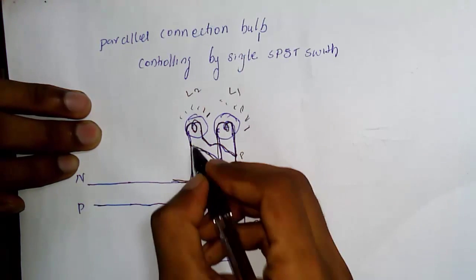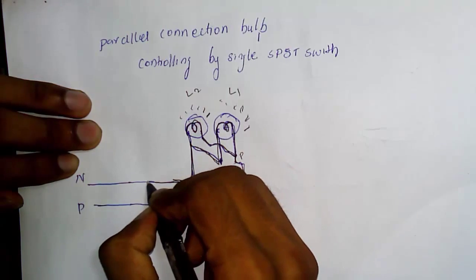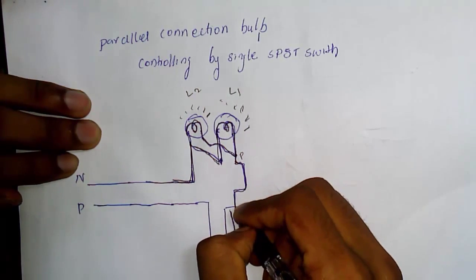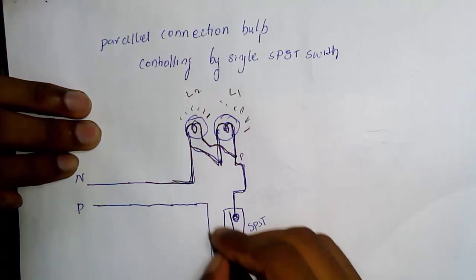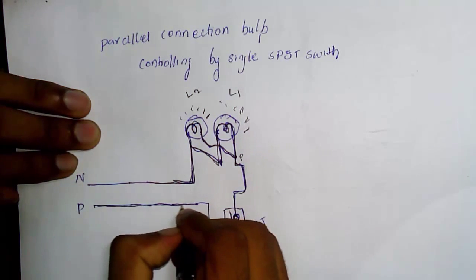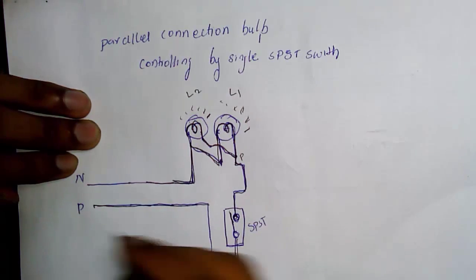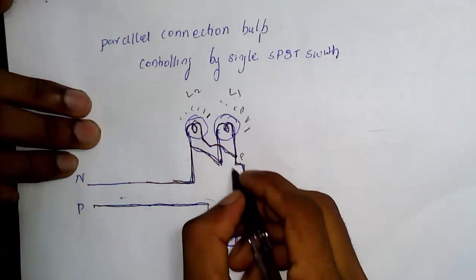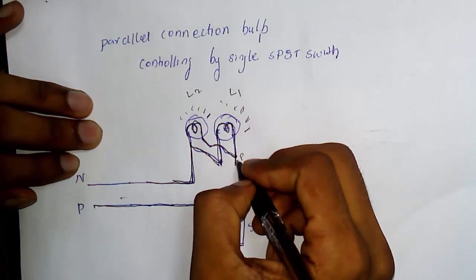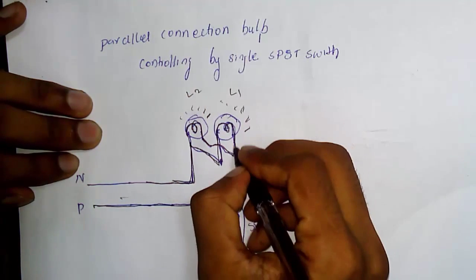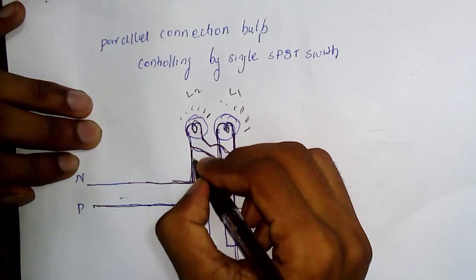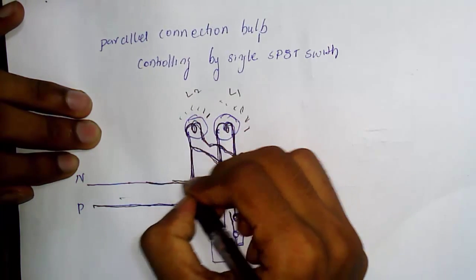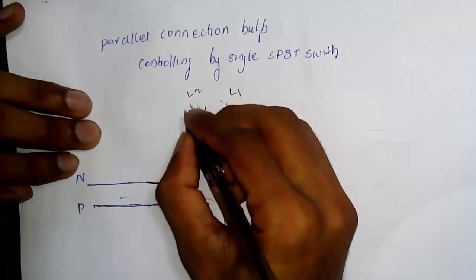One end is connected to neutral and the other end is connected to the switch, and from the switch it is connected to phase, the live wire. When this switch is closed, current flows through both bulbs, since they are connected to the circuit in parallel form, and both bulbs will glow.